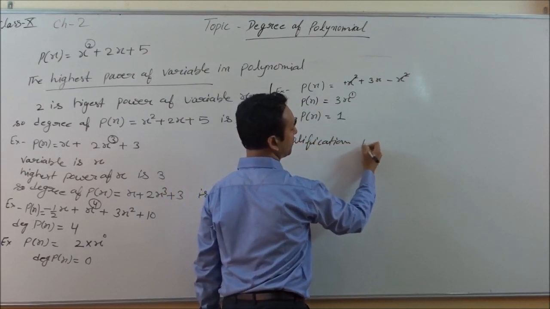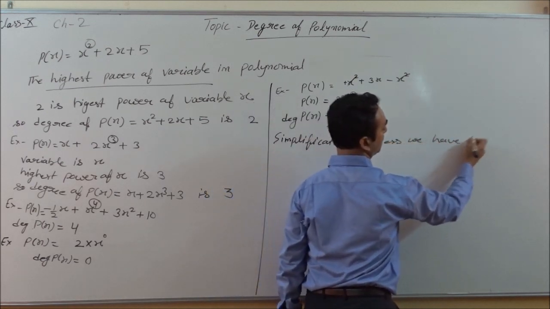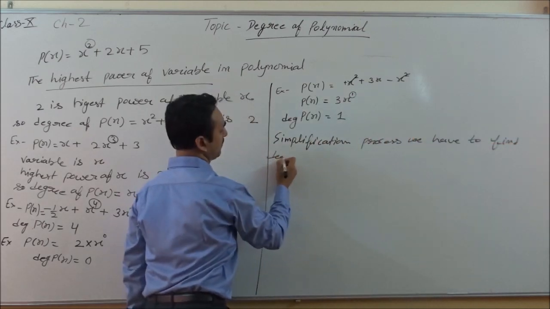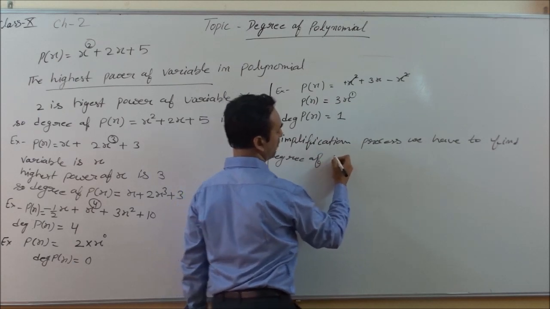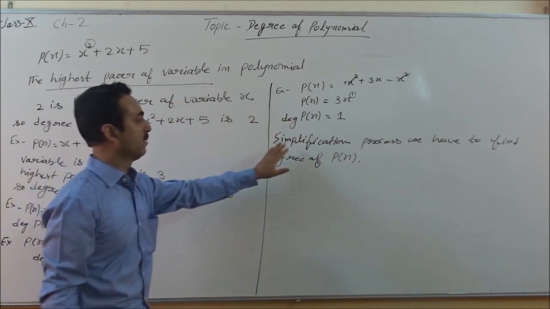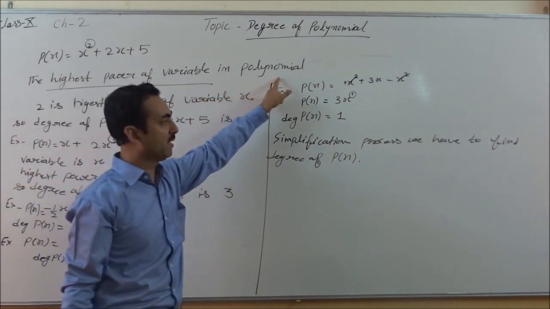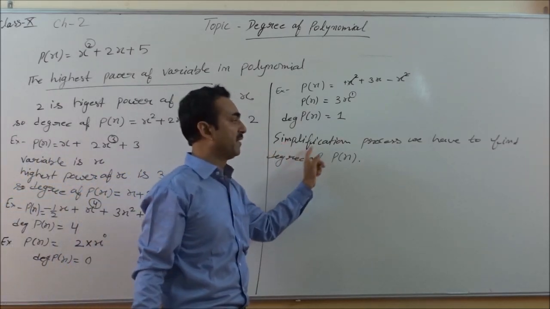After the simplification process, we have to find the degree of the polynomial. So you have to remember two things. First, the highest power of the variable in a polynomial is called the degree of the polynomial, and second, the simplification process.